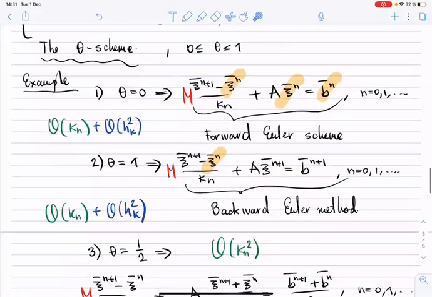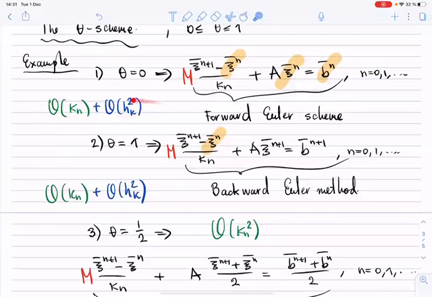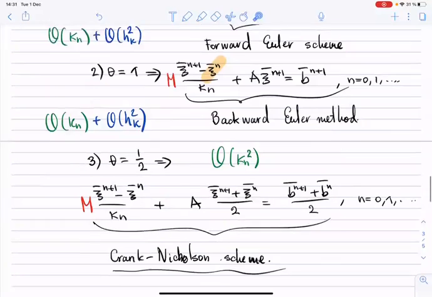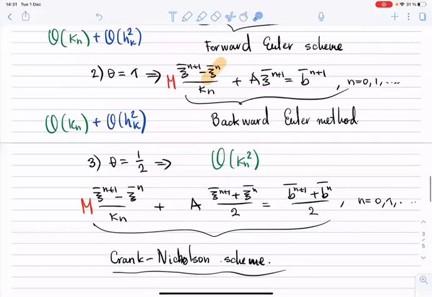But since you are doing first order in time, the overall order of this scheme is going to be dominated by the time error. It's going to be just first order. But for the Crank-Nicolson scheme, you will have overall second order.